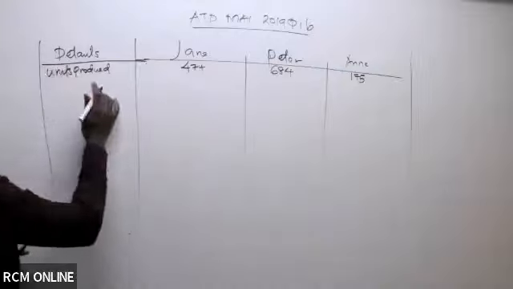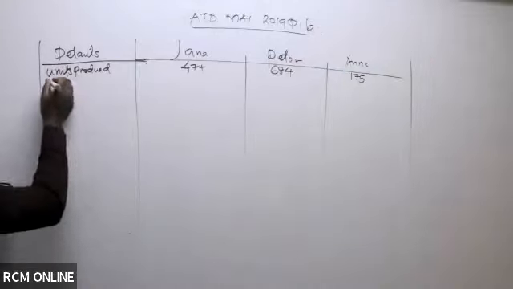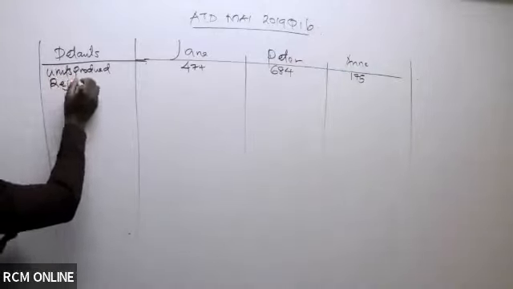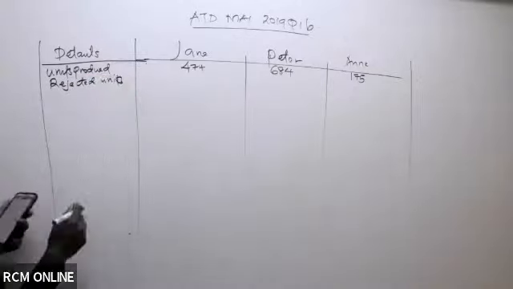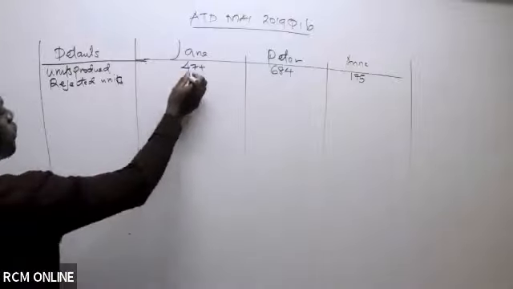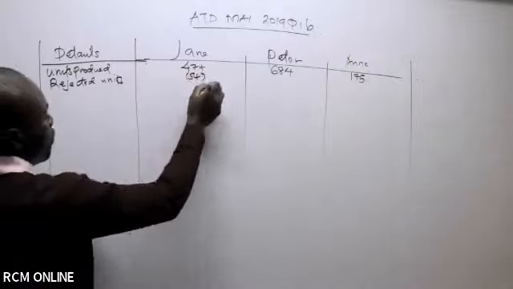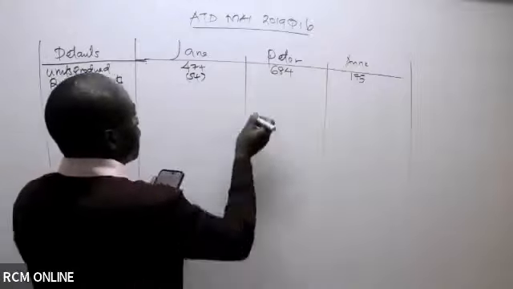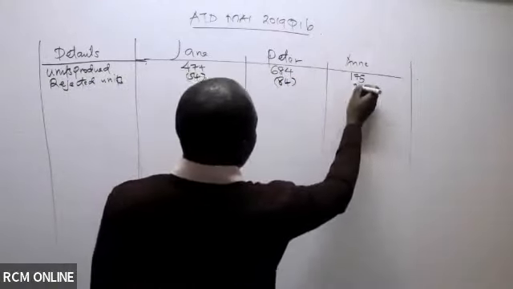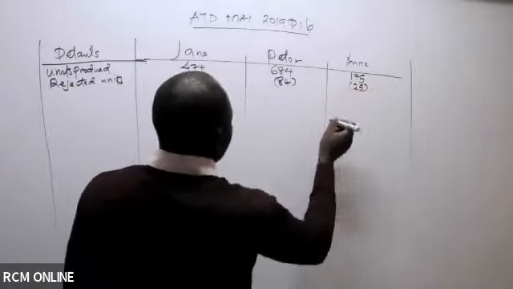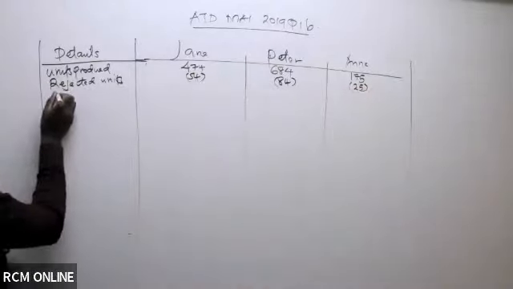To the units produced, let's deduct rejected units. Rejected units, tuko na 54, tuko na 84, na tuko na 25. So that will give us what we call good or accepted units.